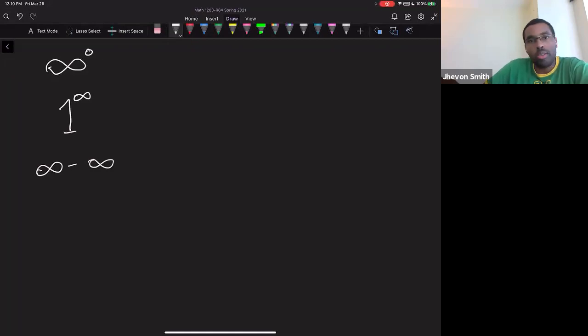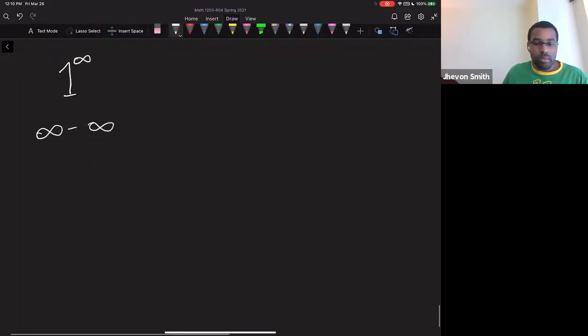So while they're both going off to infinity, the exponential function is going to get to infinity a lot faster. And by comparison, the other infinity is going to be like 0. So there are times when infinity minus infinity doesn't make any sense. Is it 0? Is it infinity? Is it negative infinity? Is it something else? It's hard to tell at face value.